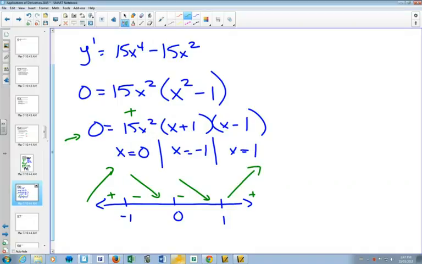What I did there is a check, and this is something that you do when you're graphing. My check was actually wrong because I was thinking of my y prime graph, which is an x to the 4 graph, which should end either both up or both down, depending on if it's positive or negative. My graph was going in opposite directions on the end, and that doesn't match my x to the 4 graph as I know it.